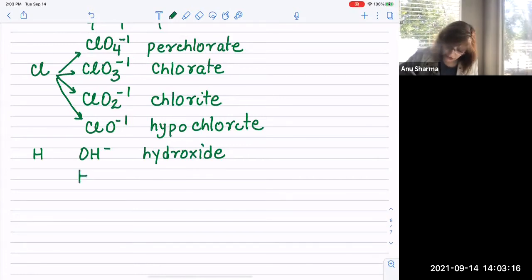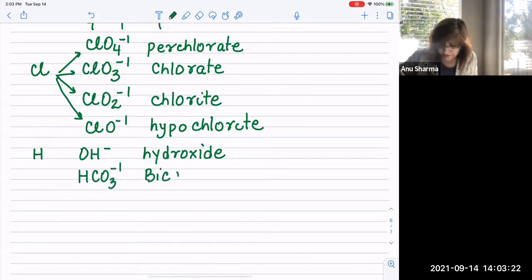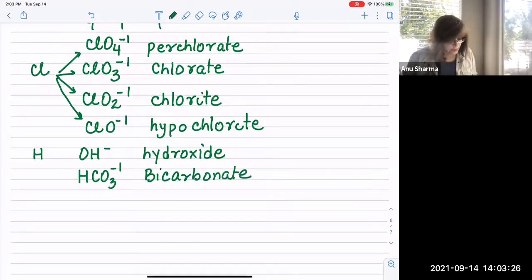Besides that, if hydrogen combines with carbonate, with a -1 charge, then it becomes bicarbonate. This is also called hydrogen carbonate, but bicarbonate is more common.